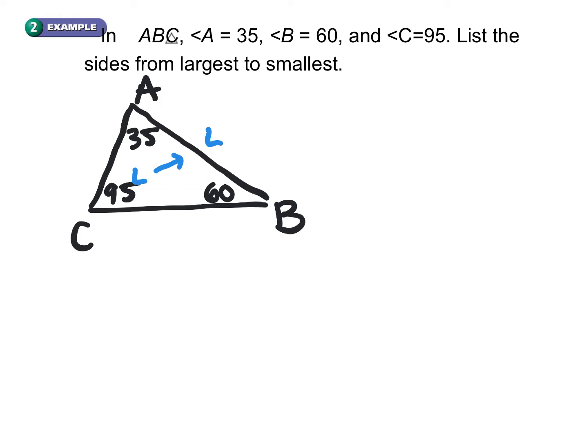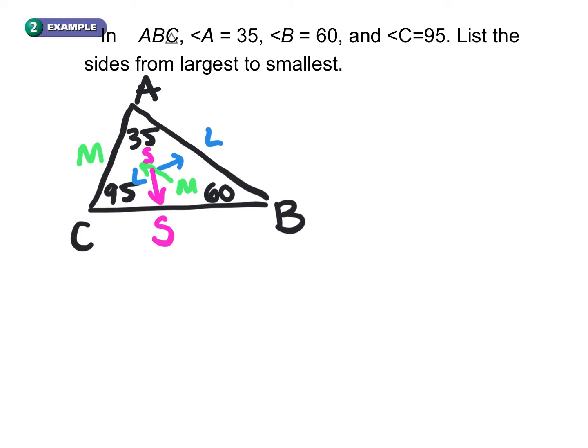The medium angle is 60, so the medium side is straight across. And the smallest angle is 35, so the smallest side is straight across.